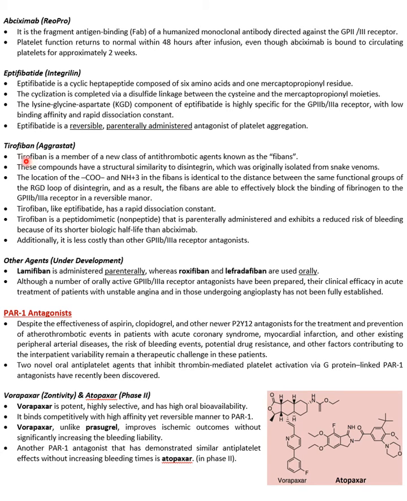And then the next example is the tirofiban, and it's a class of antithrombotic agent called fibans. They have structural similarity to the fibrinogen or disintegrin, same thing. They also have similarity to the RGD in the original fibrinogen. In fact, the distance between the 2 terminal amino acids is the same as those in the original integrin, about 15 to 16 atoms, or about 15 to 17 angstrom in length.